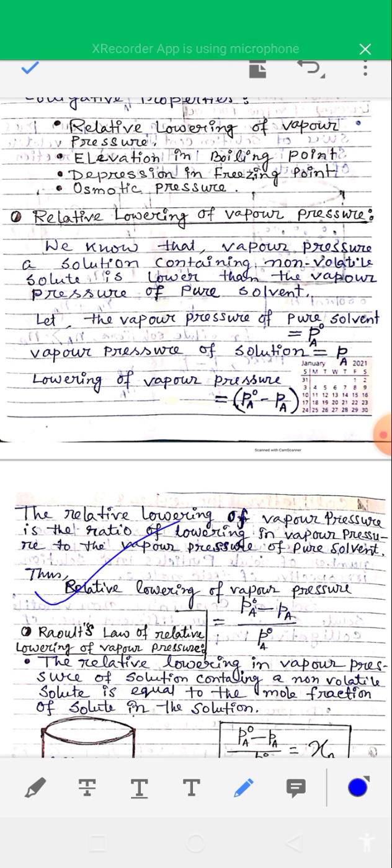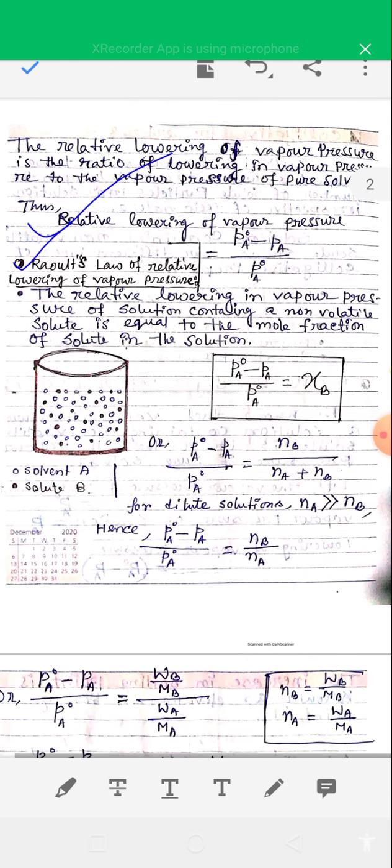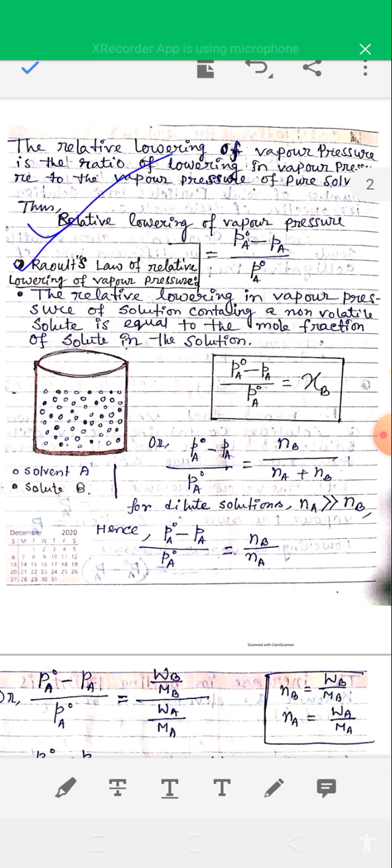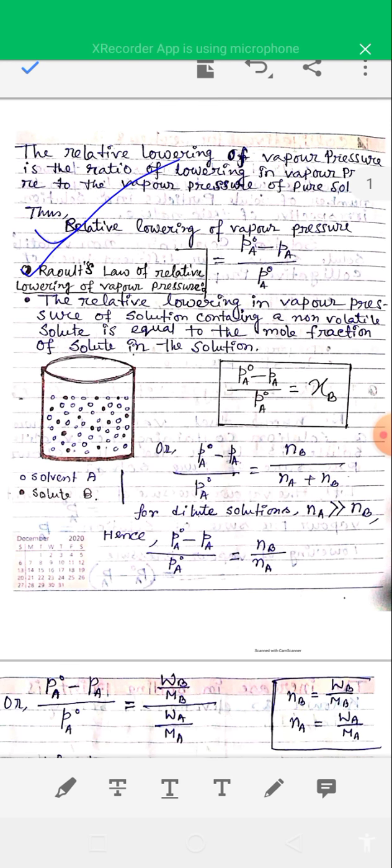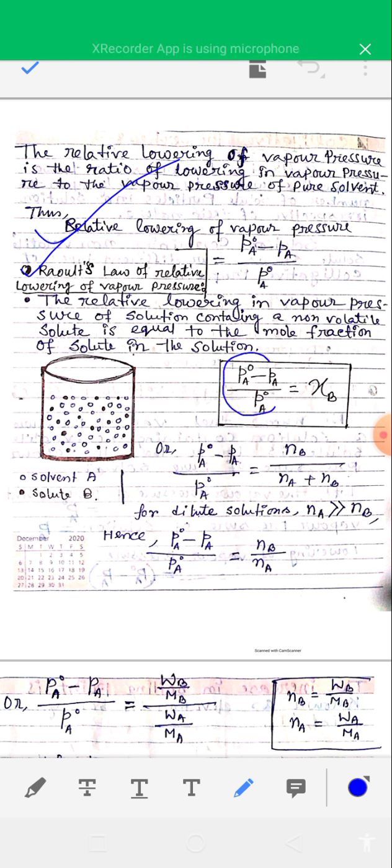And there is a Raoult's law related to relative lowering of vapor pressure. According to Raoult's law of relative lowering of vapor pressure, the relative lowering of vapor pressure, that is PA naught minus PA divided by PA naught, is equal to the mole fraction of the solute in the solution, where Xb is the mole fraction of the solute in the solution.